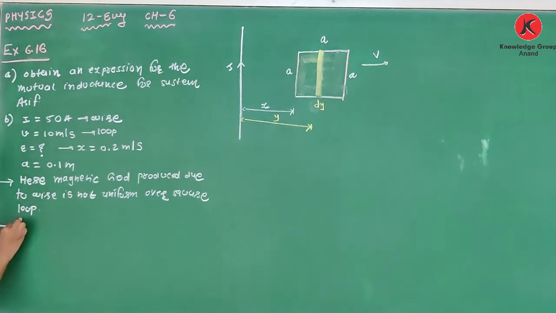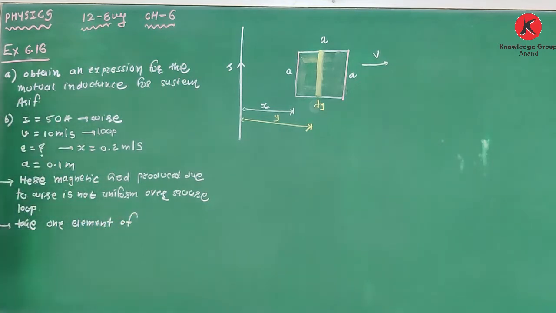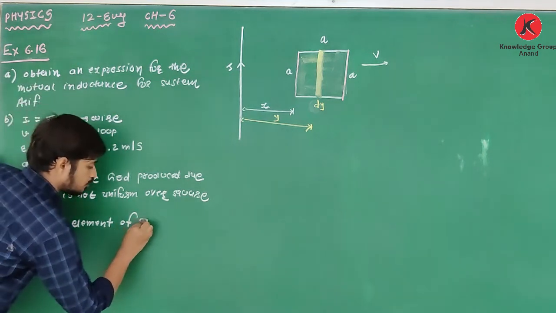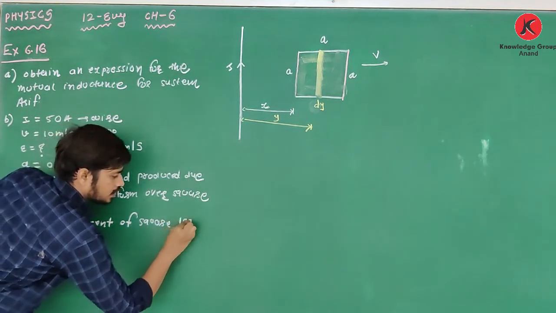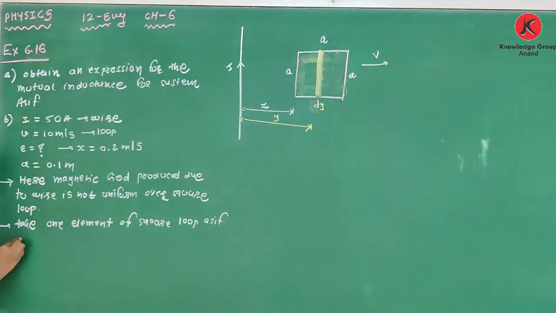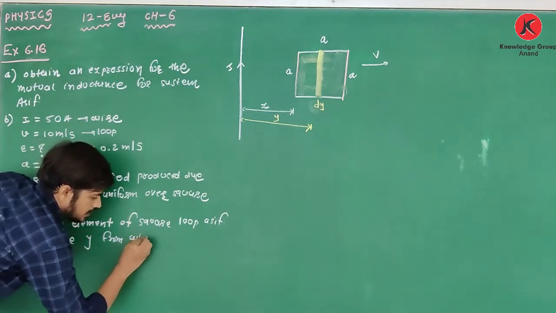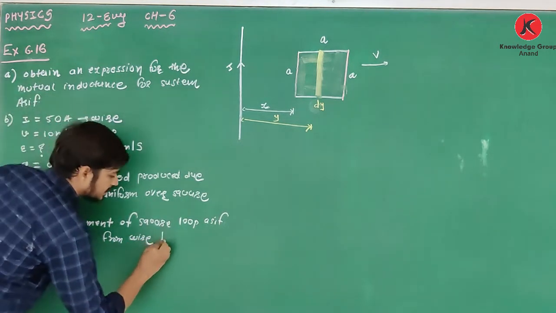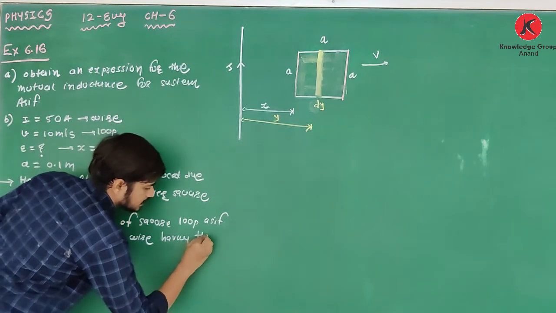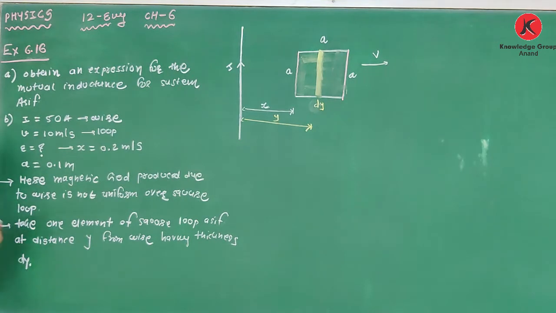So take one element of the square loop as shown in the figure at distance y from the wire, and having thickness dy.